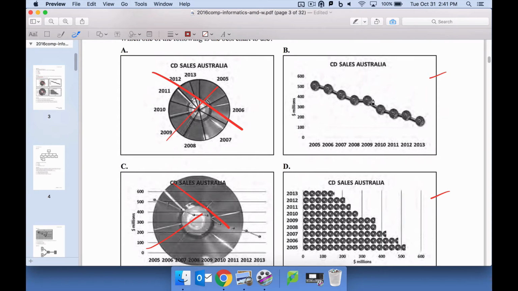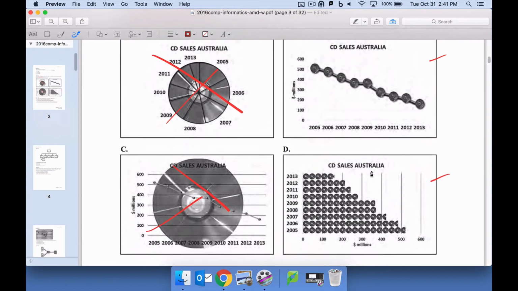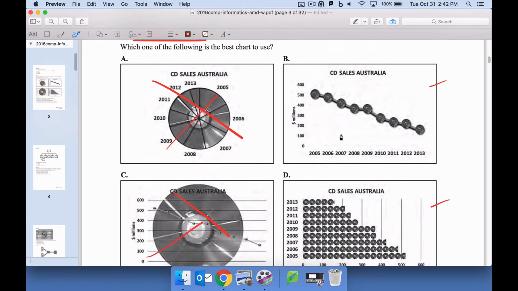But before we confirm, let's have a look at D. D shows a decline, some sort of decline, but the X and the Y axis are not right. It doesn't show us over time along the X axis, whereas this one does. So we can clearly see from 2015 to 2013, sales went down over time.